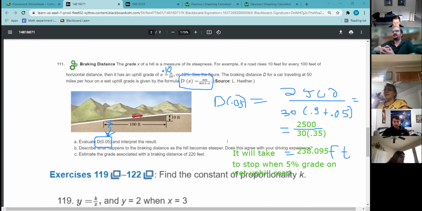When you interpret the results, you tell me the y value and the correlating x value. So 238 feet for a 5% grade. In plain English, it's going to take me 238 feet to stop when I have a 5% grade.